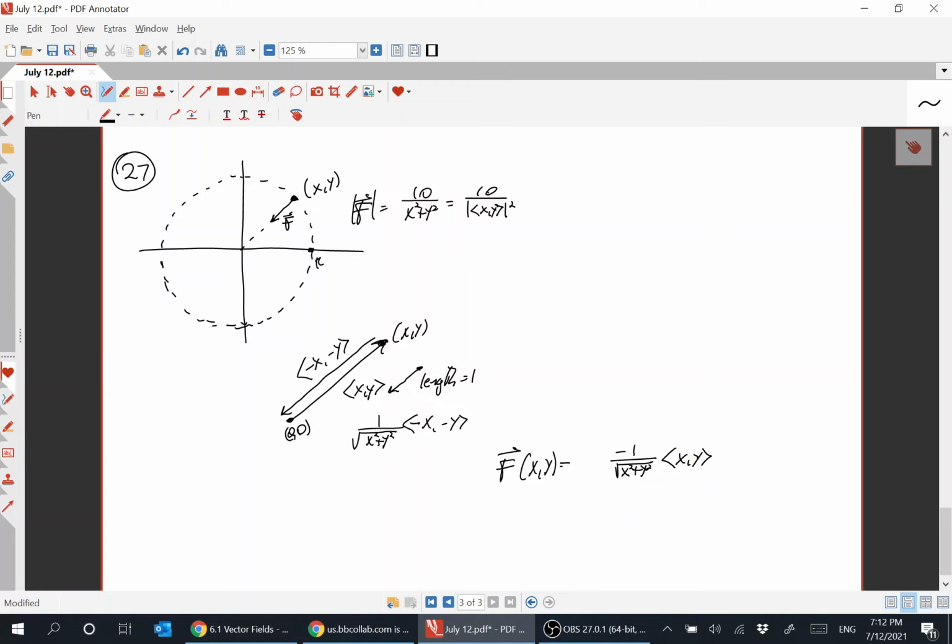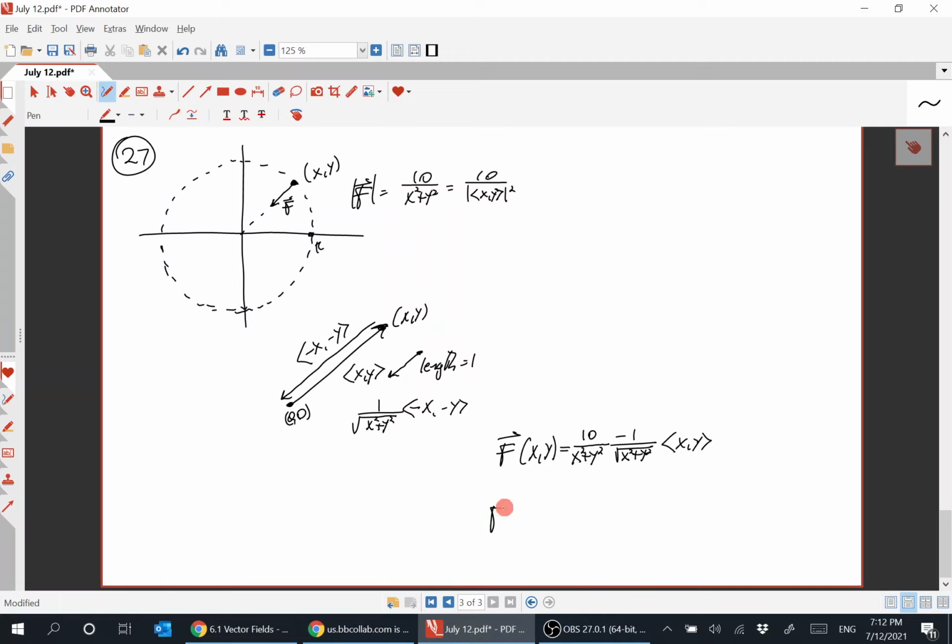And then I multiply it by the length that I'm looking for, which is 10 over x squared plus y squared. So F(x, y) is therefore equal to minus 10 over x squared plus y squared to the 3/2 power times the vector x, y.